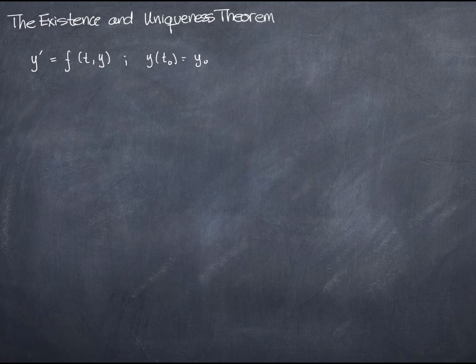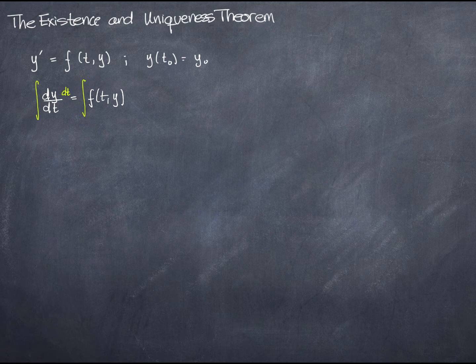The next thing I'm going to do is rewrite this into the form dy/dt equals f of t comma y. And then I can't actually integrate because I don't have a function. I don't know what the function is to integrate.